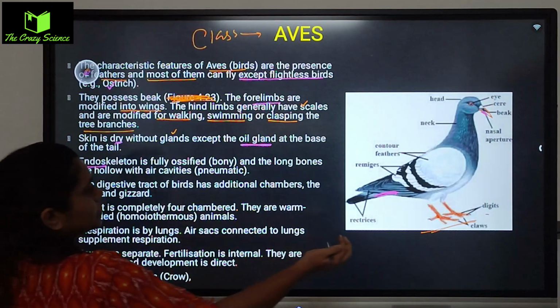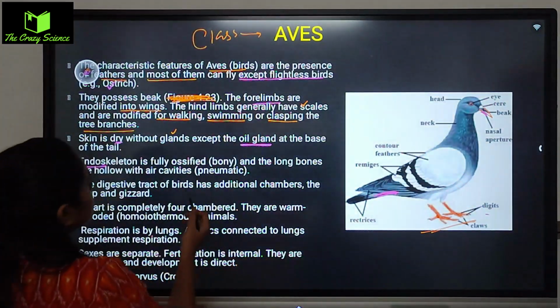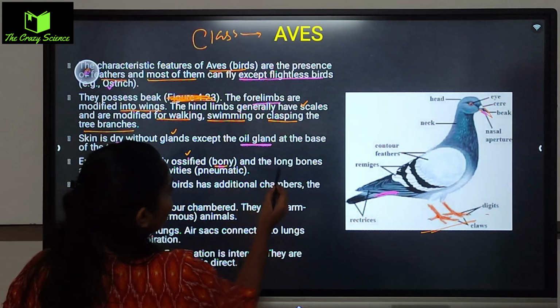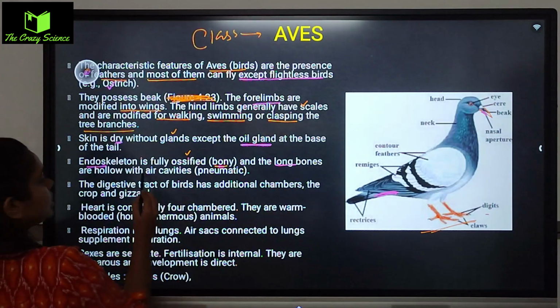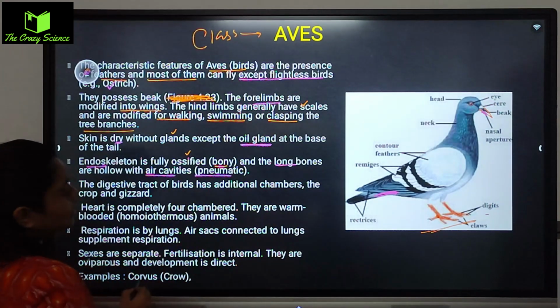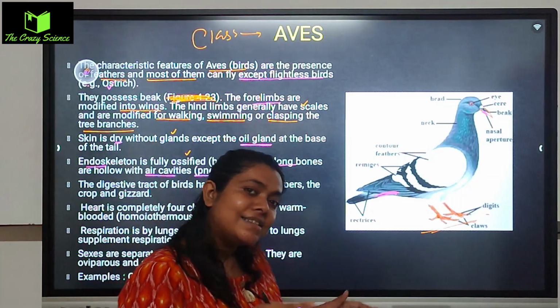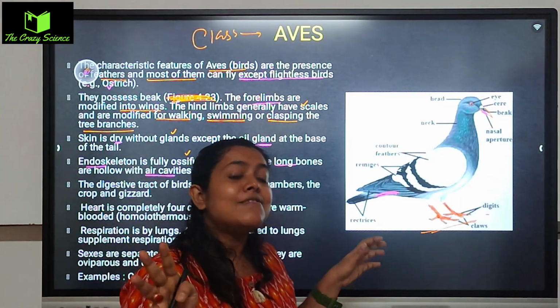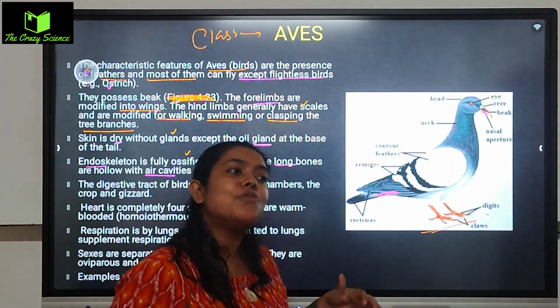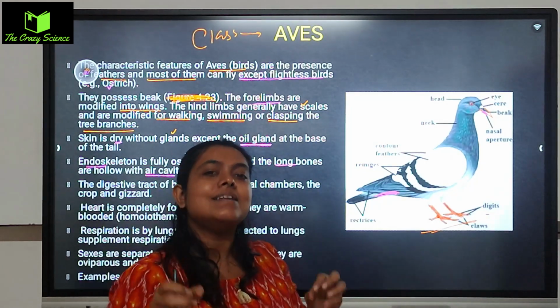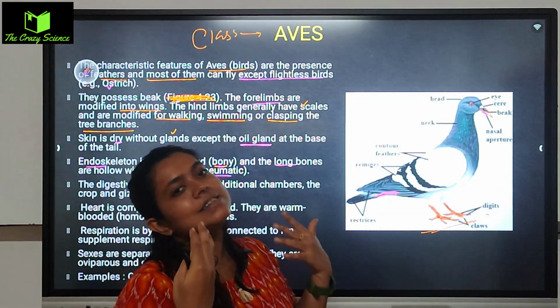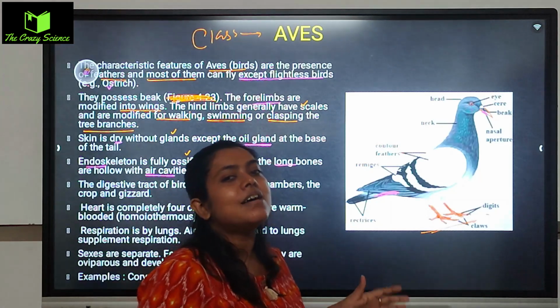Endoskeleton, meaning the skeleton inside, is fully ossified, meaning bony, and the long bones are hollow with air cavities, that is pneumatic. Because of the air cavities, they can fly for a longer period of time. After that, they take a little rest, then they again start flying.